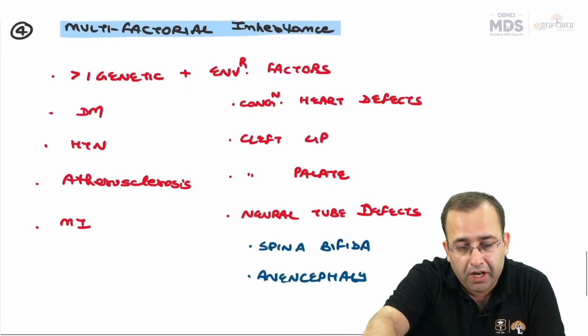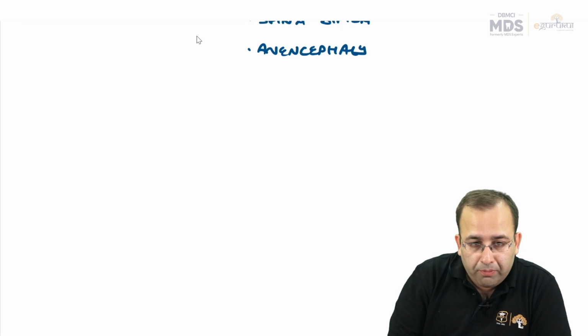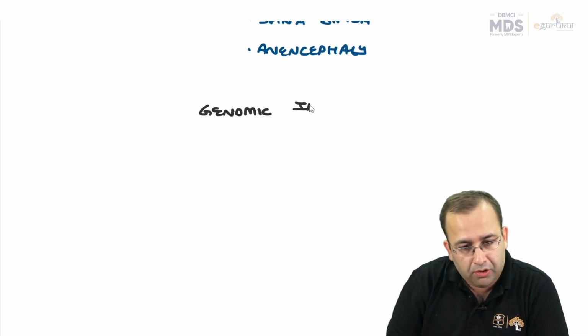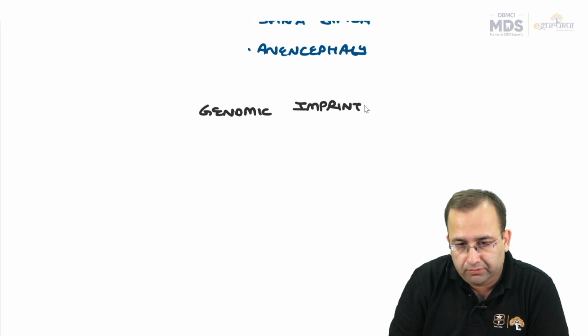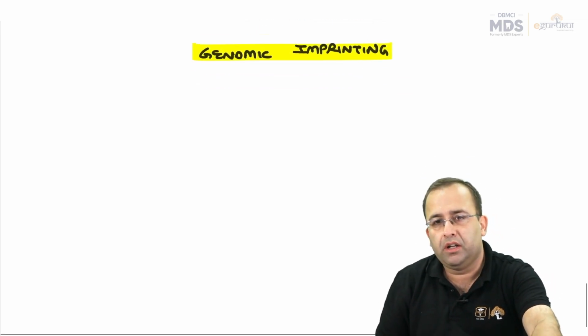Let us start. But very, very important. Please concentrate. Genomic imprinting. Once you get a hang of the topic, you will never go wrong in it. So starting with genomic imprinting.